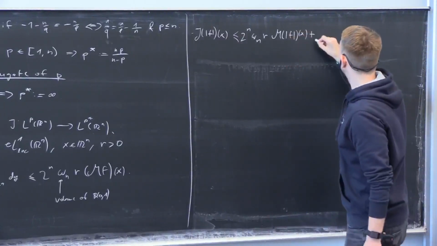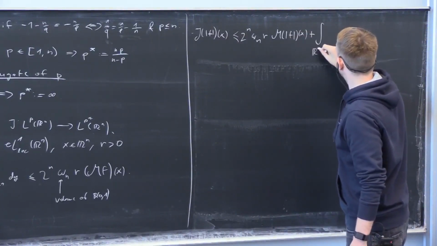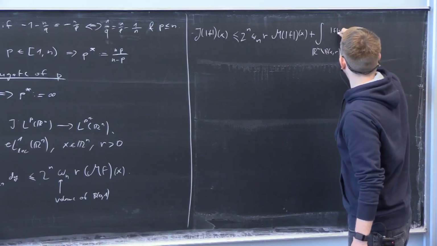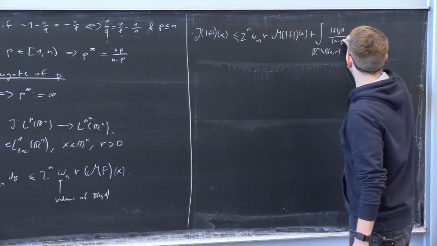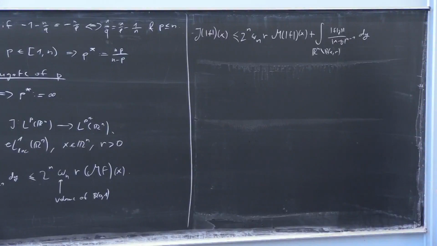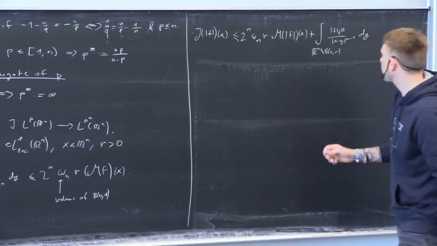This I will just copy: the integral over R^n without B(x,r) of |f(y)| over |x minus y|^(n-1) dy. As I said, we want to estimate the second part now. We want to see what we can get out of it, and in the end we want to choose r in a way so that the sum of both things will be the best possible result that we can have. So we will use this r to optimize this additive inequality that we will obtain.